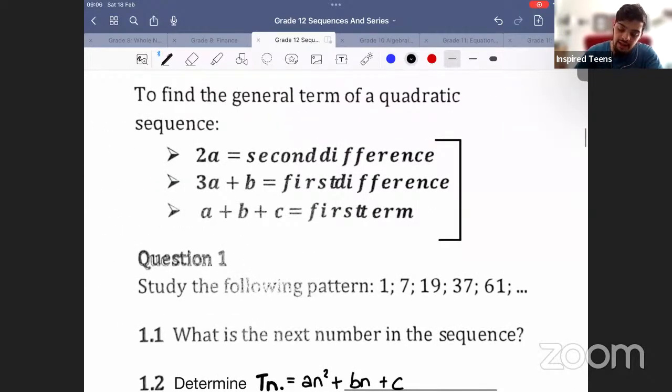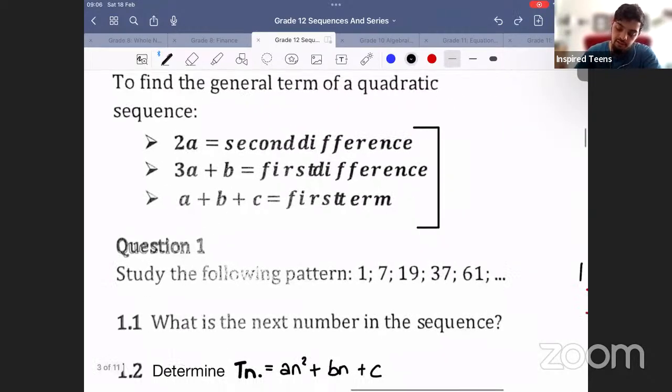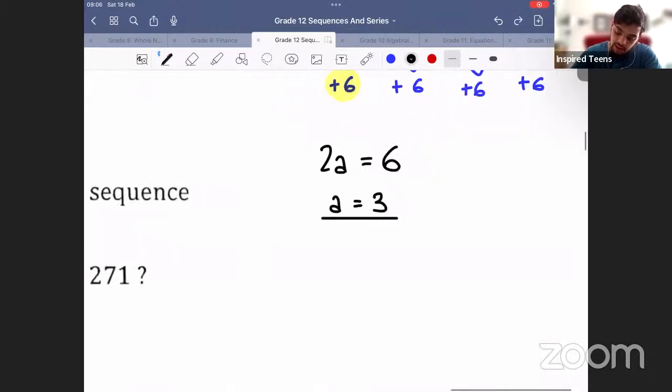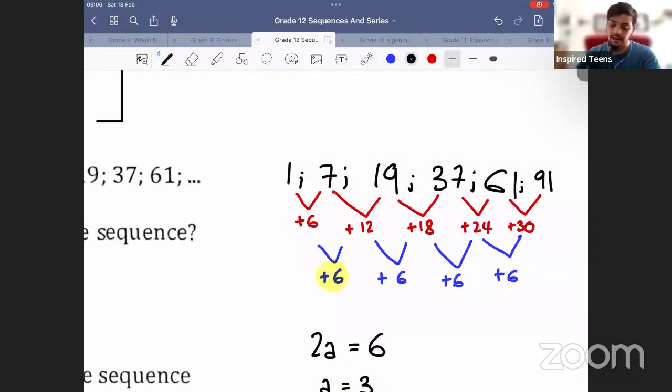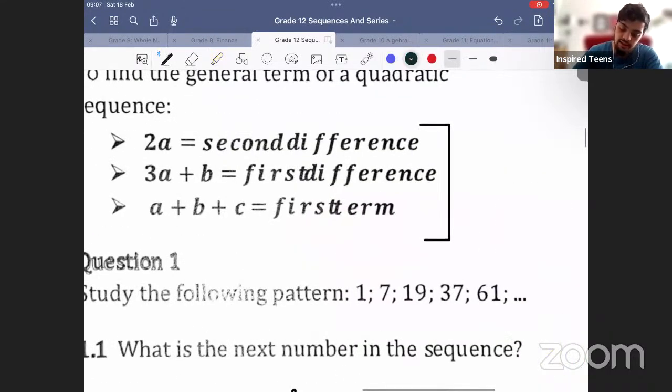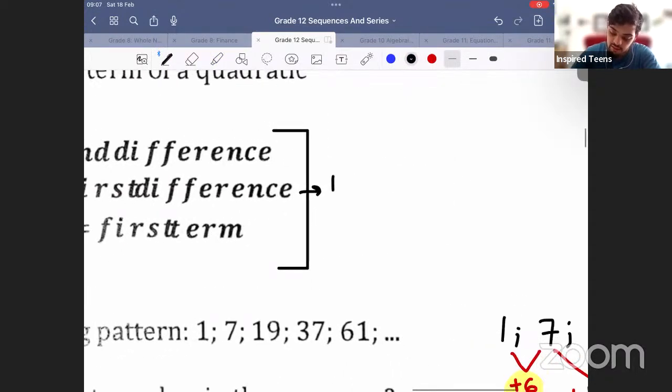Let's look at the next one. 3a plus b is equal to the first difference. Now, there are multiple first differences, but we are basically talking about the first difference, which in this case is also 6.